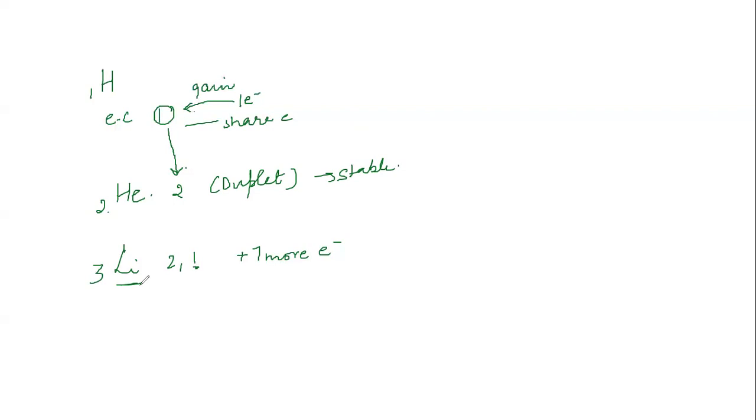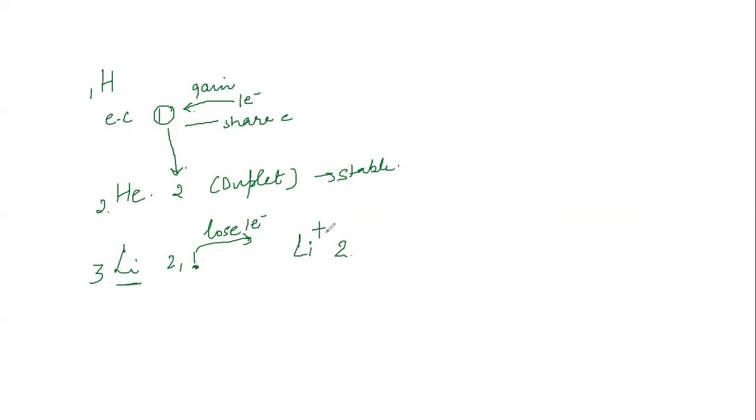So lithium will react by losing its 1 electron. If it loses 1 electron to some other element, it will reach a configuration of 2 only. So now the K shell becomes the first and the last shell. Because it has lost one electron, one negative charge has reduced and one positive charge has increased.